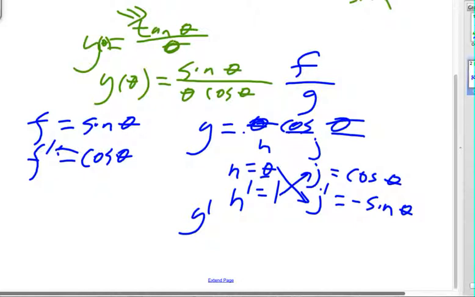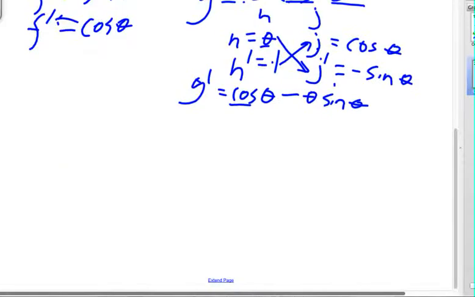So G prime will be cosine of theta, 1 times that, minus theta sine of theta. And what I tried to do here, I know I mixed it up, but I wanted a positive out front here. Okay, so now we've got F prime, G, and G prime.